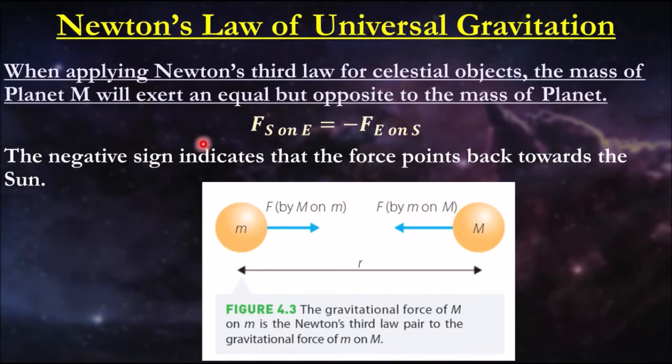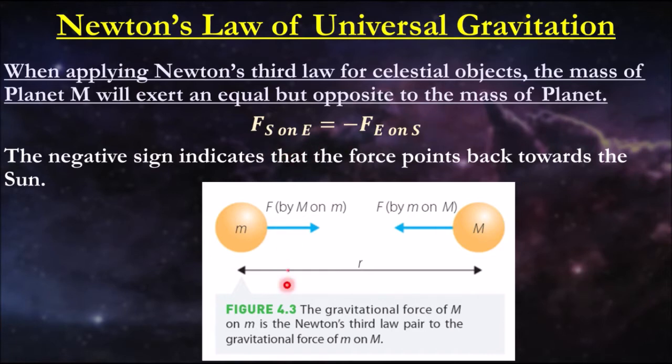The reason why we don't see the effects as strongly comes down to his third law. Newton's third law states that when any mass object experiences a force, it will exert an equal but opposite directional force back onto the other object.